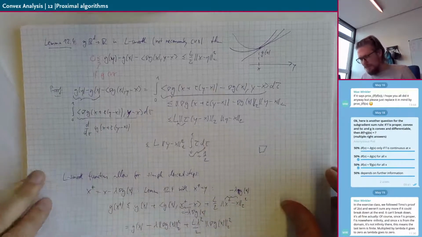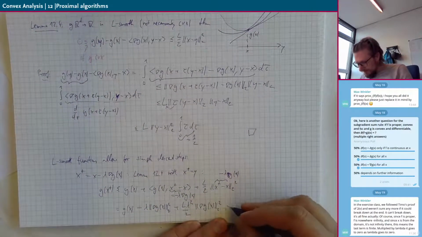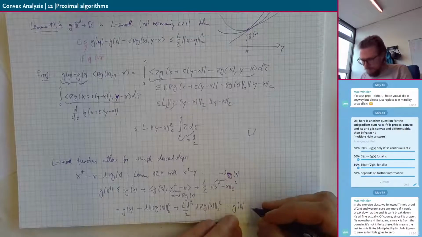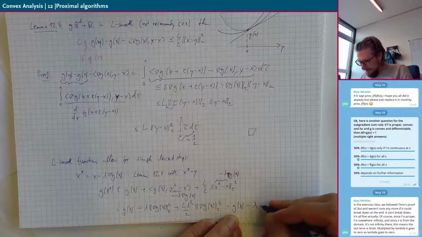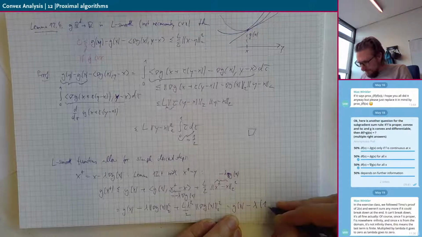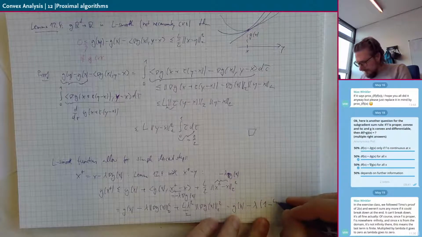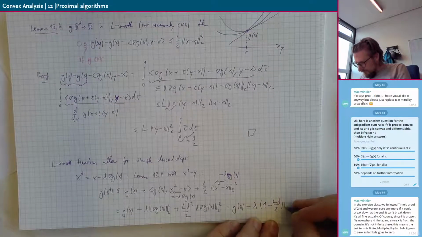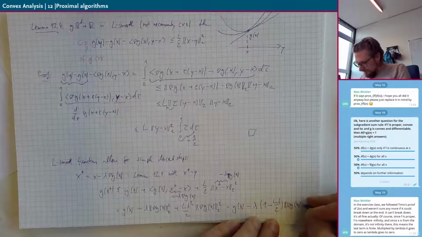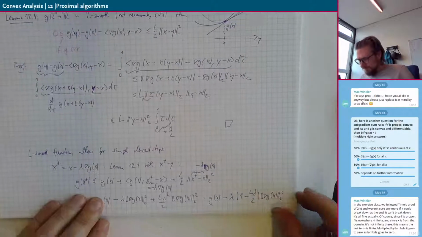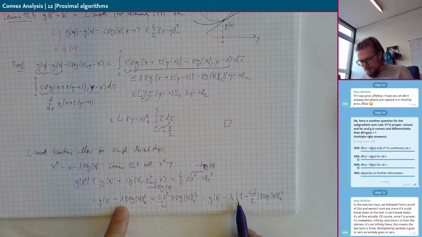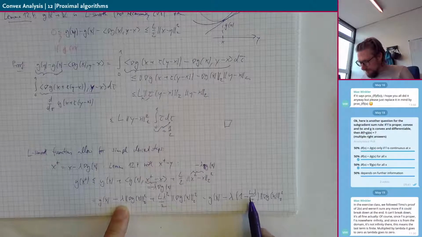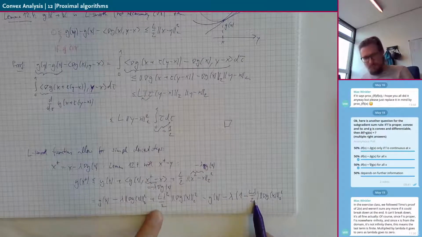Okay, so we collect the terms and get g of x minus lambda times (1 minus L lambda over 2) times the norm of the gradient g of x squared. We check by multiplying out, this gives minus lambda, and these two give plus L lambda squared over 2, which is that one.